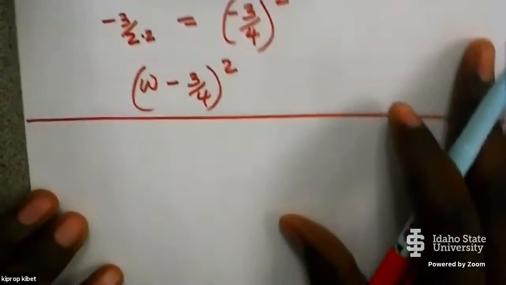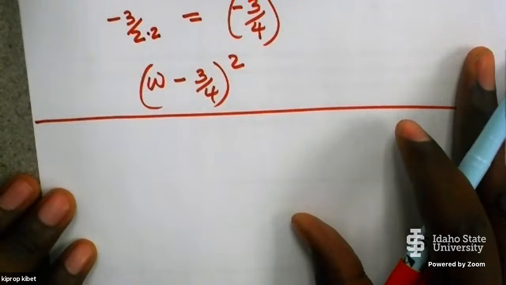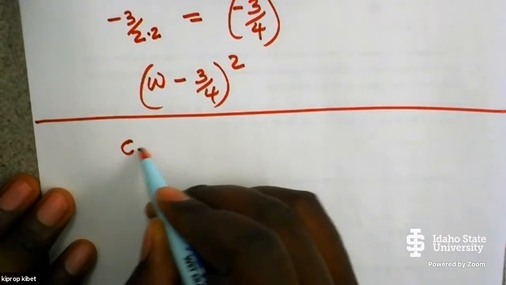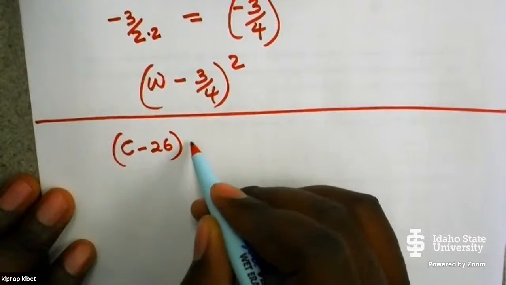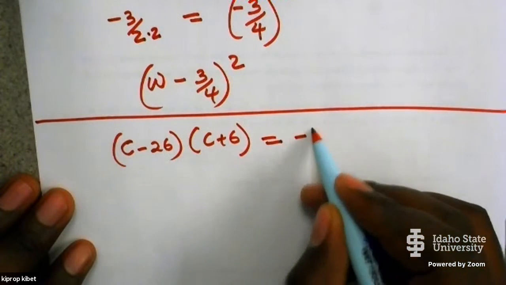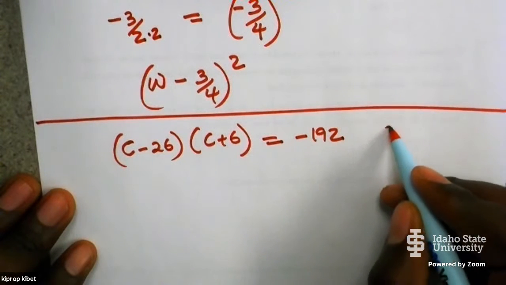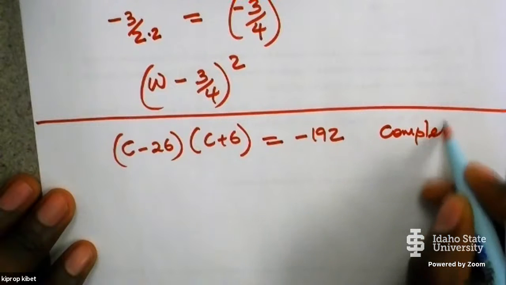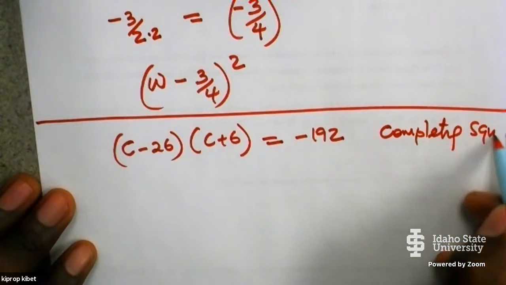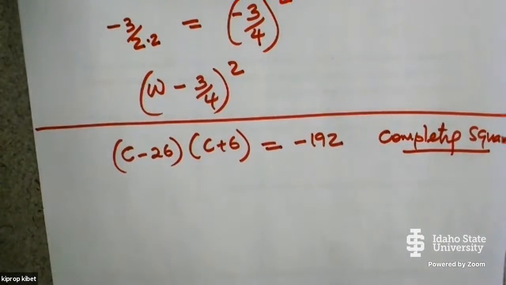For example, you are given (c minus 26)(c plus 6) equals minus 192. Solve this by completing squares.